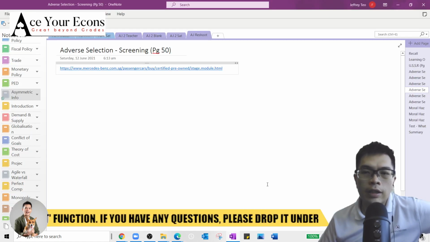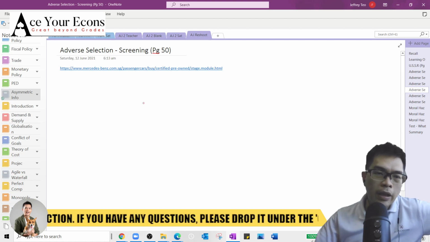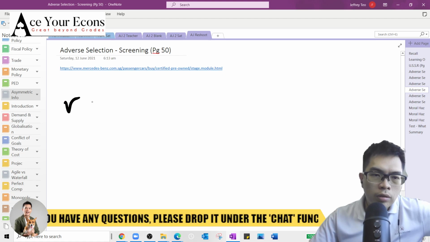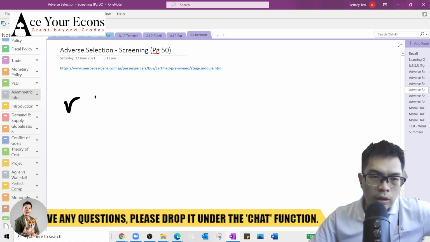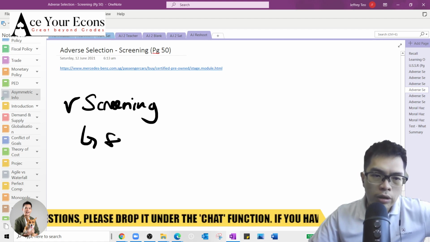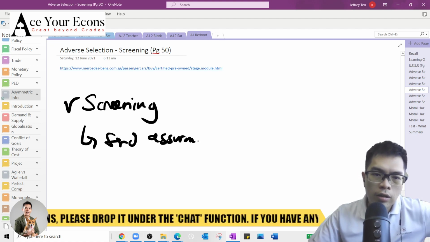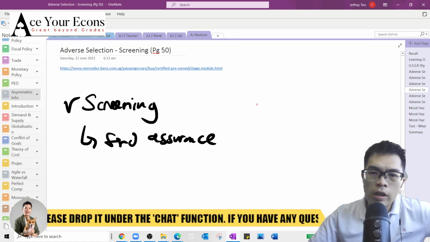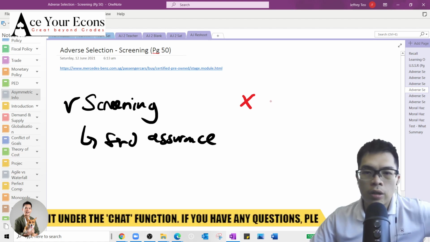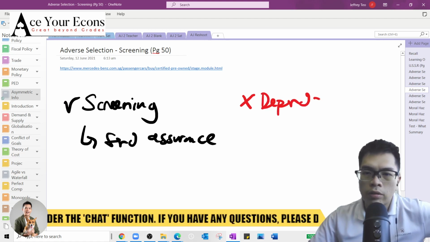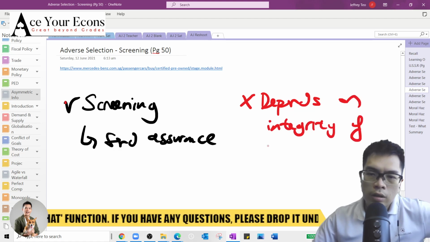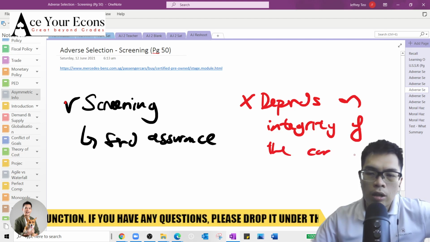So the benefit is that the rigorous screening process sends assurance that the car is of good quality. But on the flip side, the certification process depends on the integrity or the legitimacy of the car dealer or the producer.